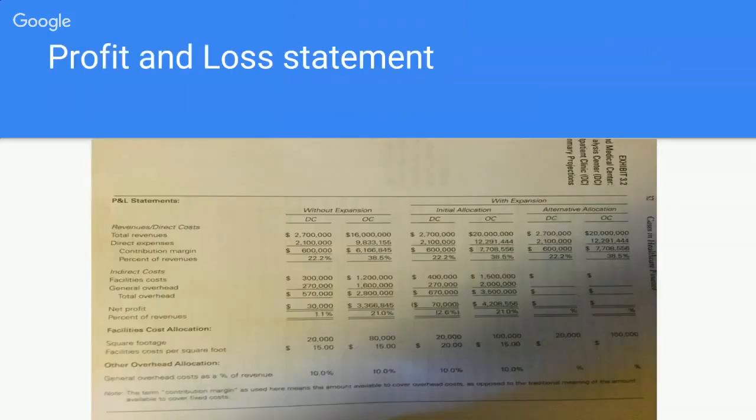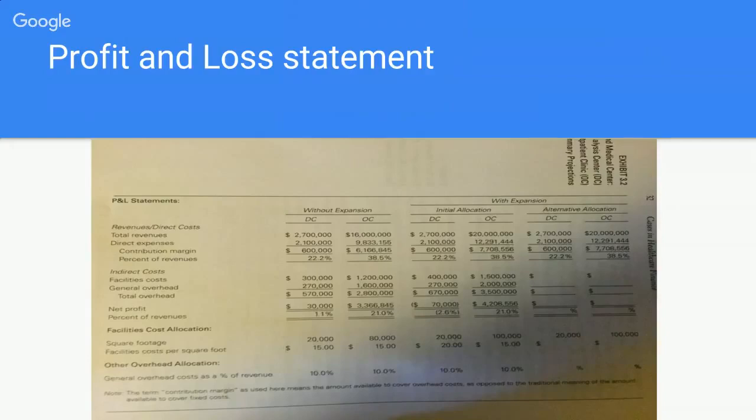And so it really can be seen in the initial allocation with the expansion for both the dialysis center and the outpatient clinic, where from before and after the expansion, the dialysis center would be increasing by $100,000. And so with that, they would actually not be making any profit, but be at a net loss of $70,000.